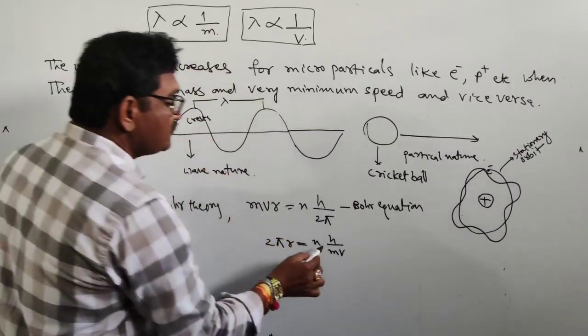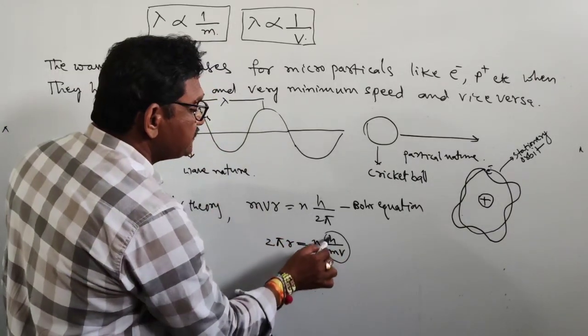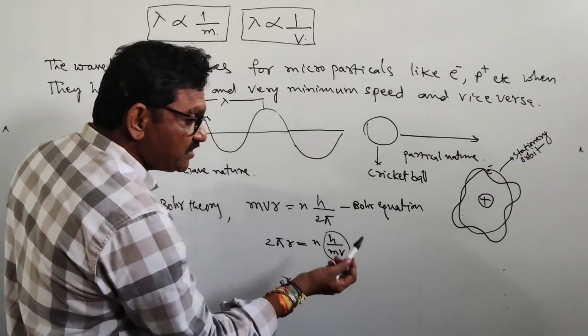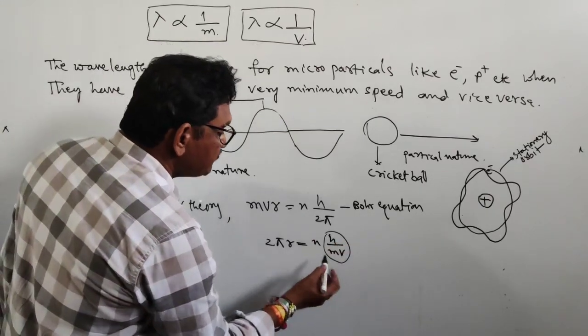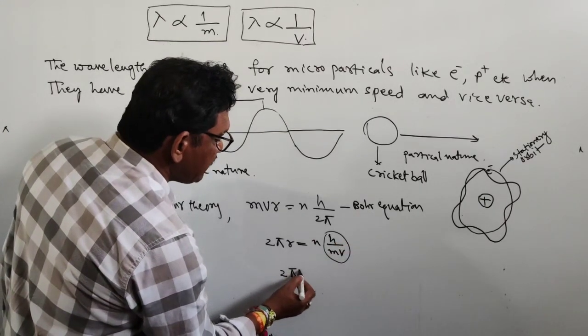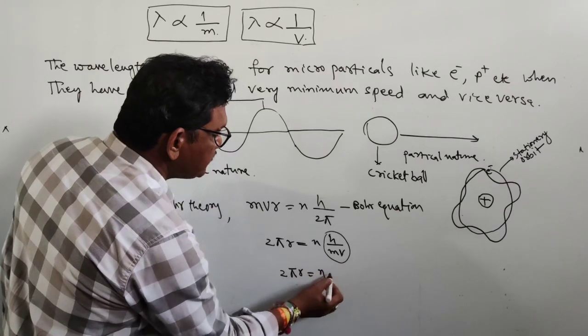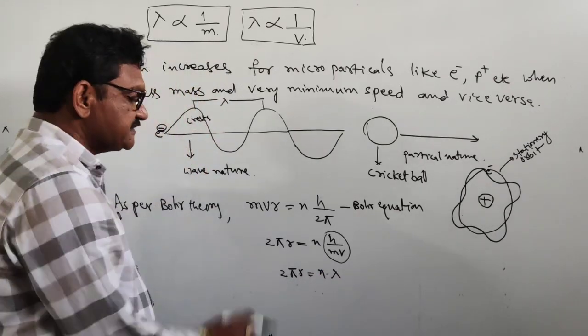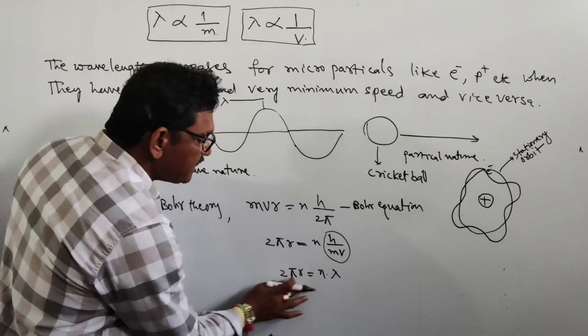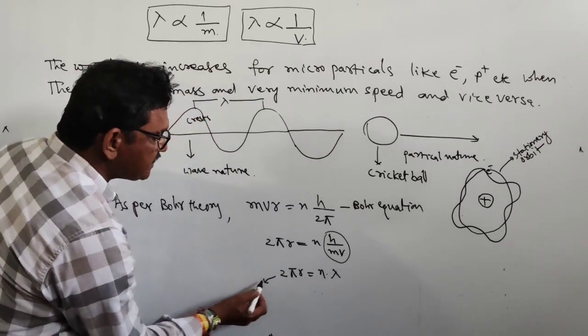Just now we studied the relation of h by mv: it is nothing but the de Broglie wave equation, lambda. So we write 2 pi r is equal to n lambda. What is 2 pi r? 2 pi r means the circumference of a circle.